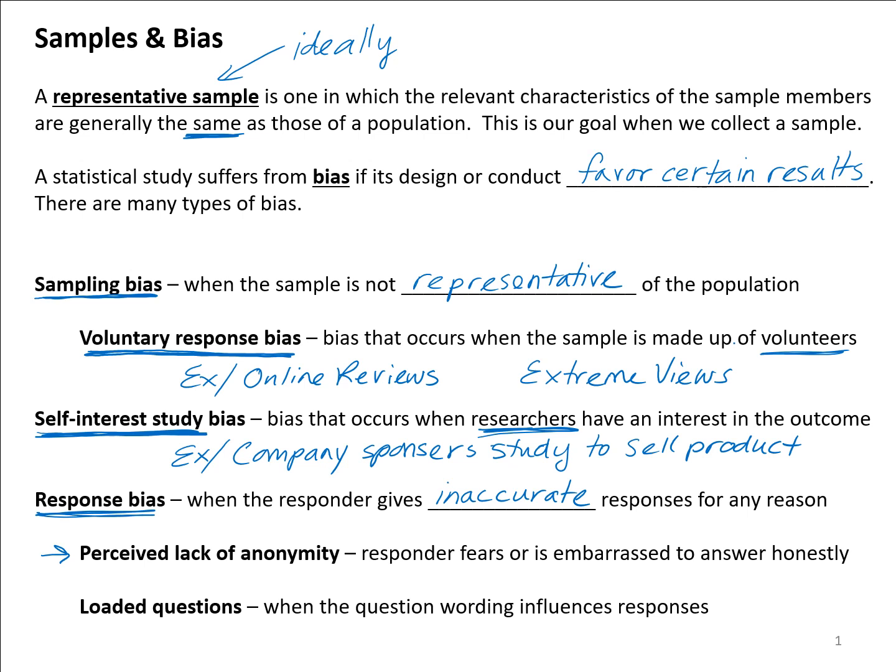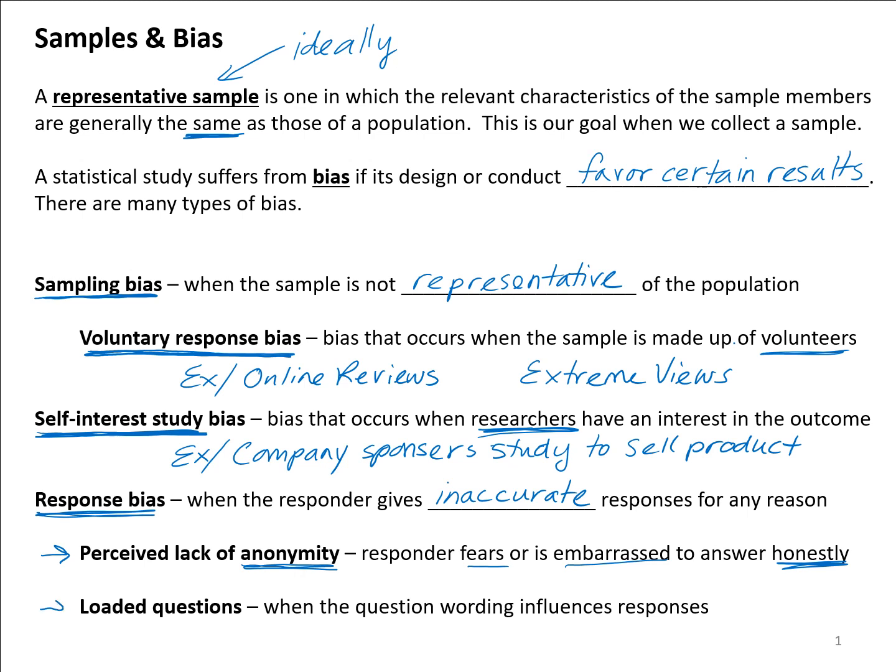In other words, the responder, the person filling out the survey, fears or is embarrassed to answer honestly, so they end up answering dishonestly because they don't want to be perceived in a negative light by whoever is collecting the survey results. So this is because they are worried about how someone might feel about their responses. So that's perceived lack of anonymity.